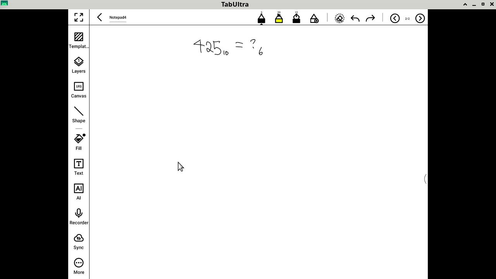Which one do you want me to proceed with? Do you want me to do the repeated division approach, which is more structured and is easier to turn into a program? Or do you want to go with a more intuitive approach, which has to do with, oh, we just need to figure out how many 6 to the power of 0, how many 6 to the power of 1, and so on? Which one do you want?